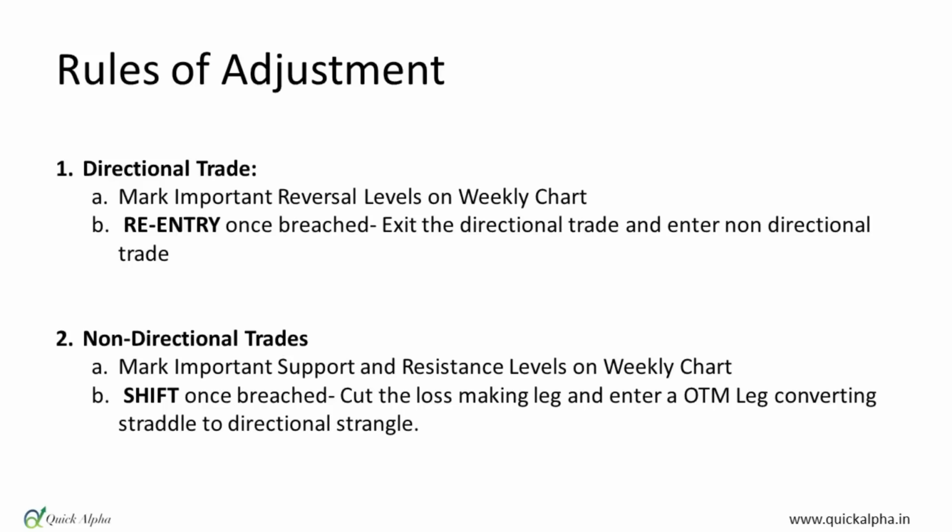This is the first part. The second part is assuming that you had started off with a non-directional trade. Then mark the support and the resistance, and once you go wrong, simply cut the loss-making leg and push it farther away. So these two are simple rules of adjusting the long-term short straddle.